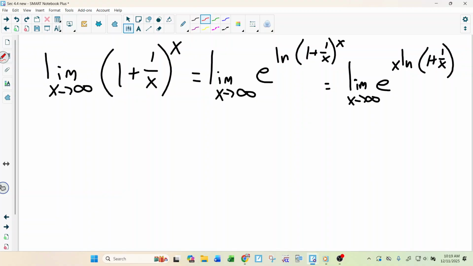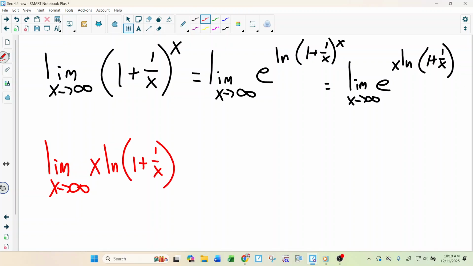Now, as before, we can just look at this limit, because whatever that limit is will be our exponent here. So it's going to be e to whatever that power is. So let's consider this limit.